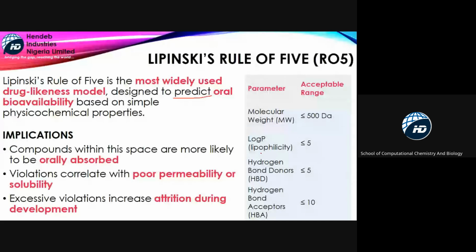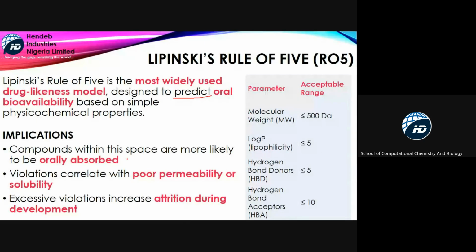So these parameters contribute to the Lipinski rule. The implication is that compounds within these regions are more likely to be orally absorbed. Now, violation correlates with poor permeability or solubility. If a compound fails these parameters, this range is telling us that those compounds may not be soluble.